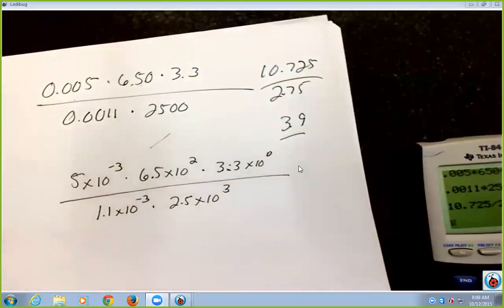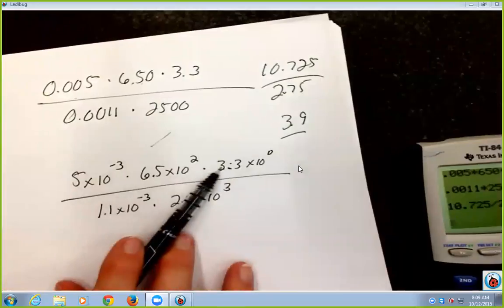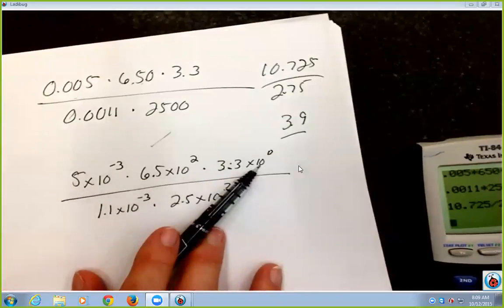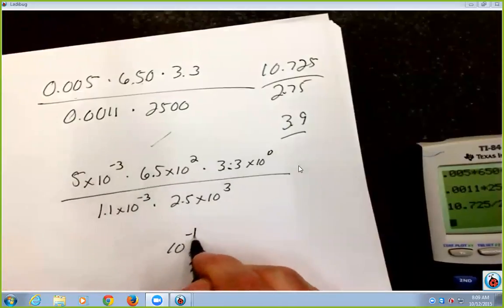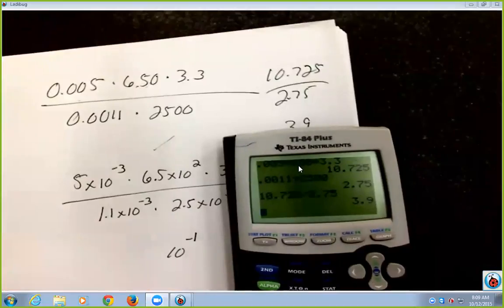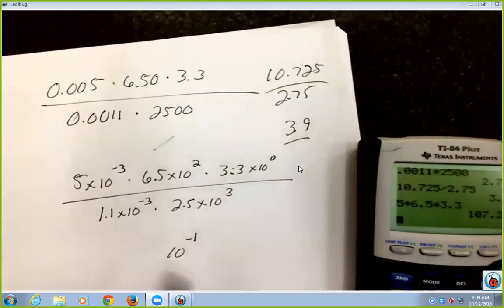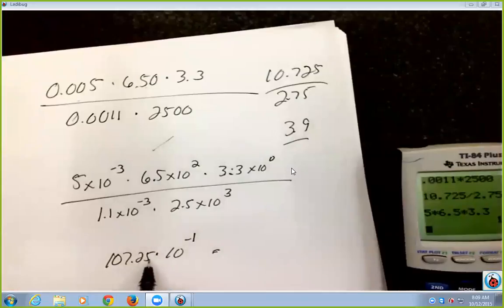And so if you do this part out, then you still got to multiply all your numbers together. Then add your exponents. So negative 3 and 2 gives me 10 to the negative first. And 5 times 6.5 times 3.3 equals 107.25. But that needs to be converted because this needs to move back 2 more spaces.